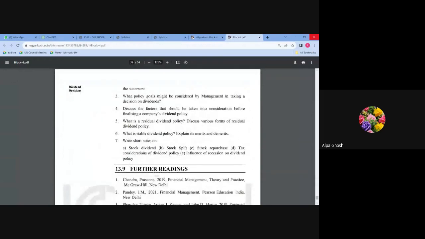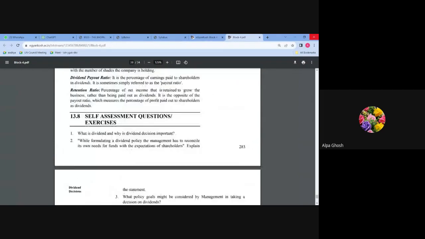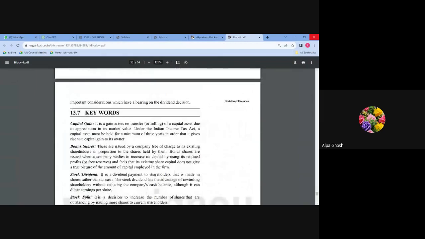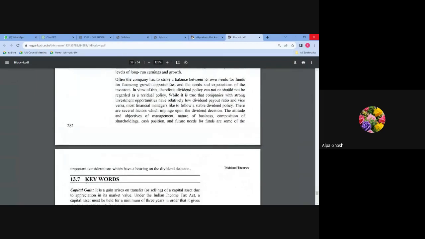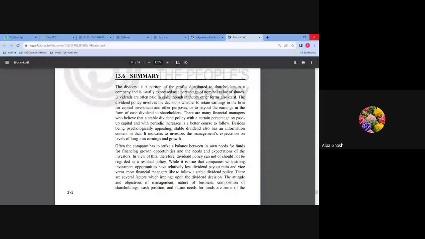If you go with the summary of this chapter on dividend policies, it says that dividend is a portion of the profits which is distributed to the shareholders in a company, and it is usually expressed as a percentage of the value of shares. If it is a 6% dividend declared, then it is 6% of your holdings, your value of shares.